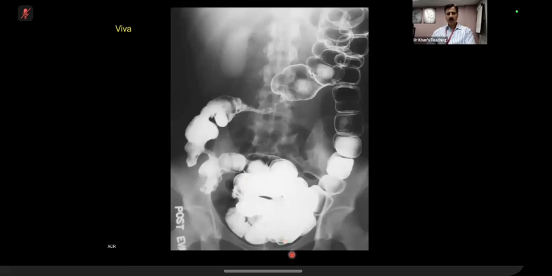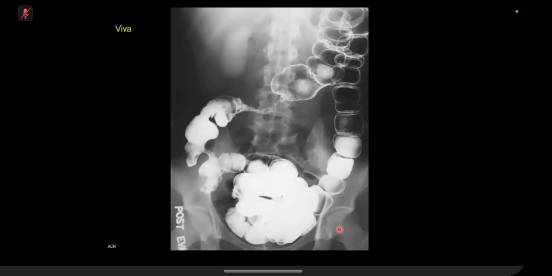Okay, over to you. Again, this is a spot film of a double contrast barium enema, which is demonstrating stricture in the mid transverse colon, also probably in the hepatic flexure.